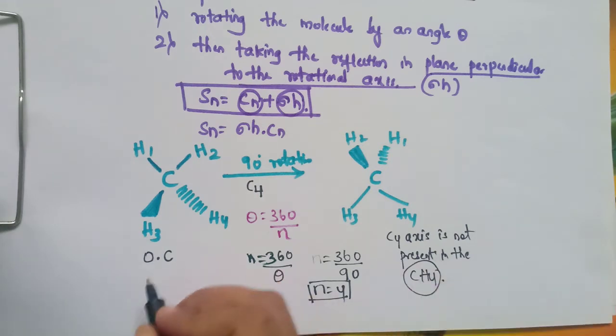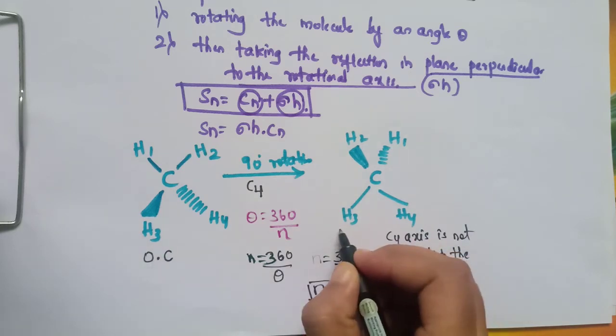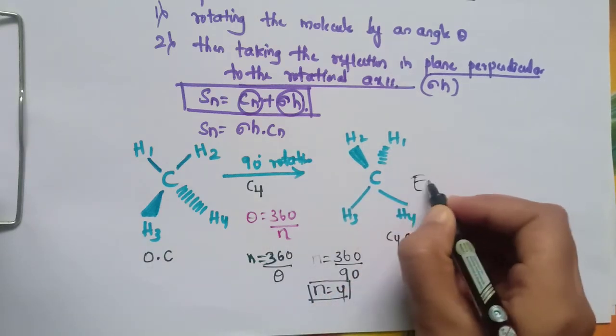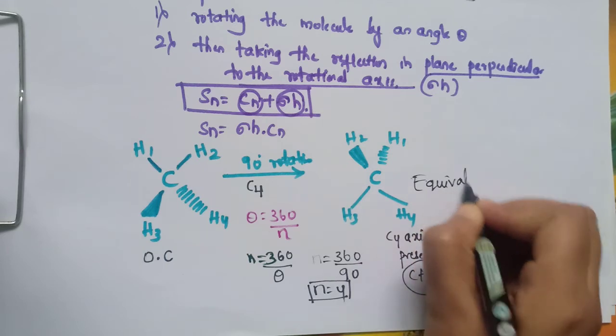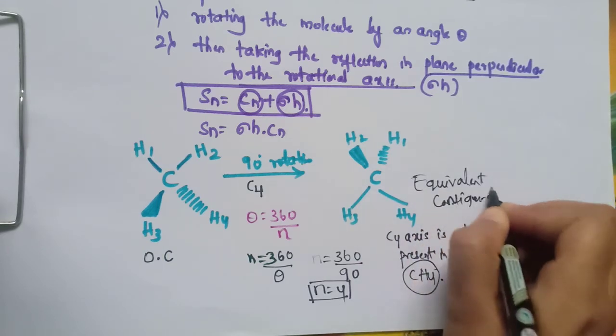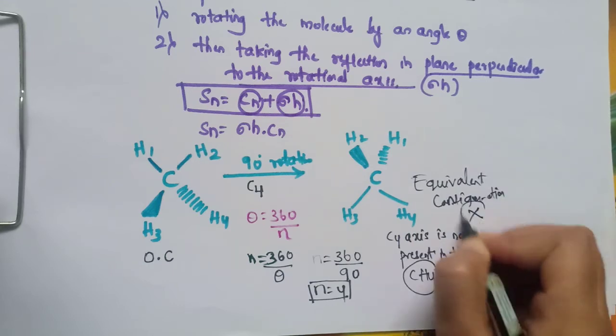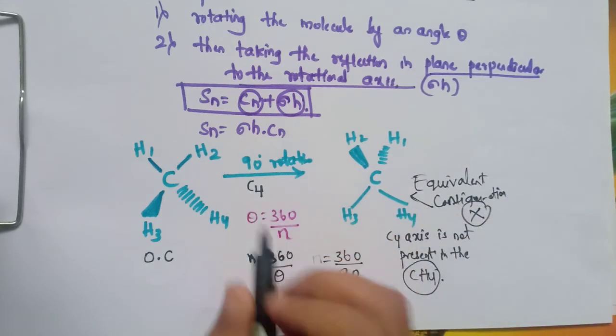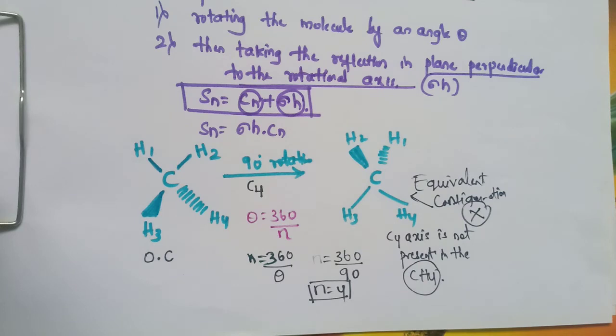See here, it is the original configuration, whereas it is not the equivalent configuration. So C4 does not exist in this molecule, whether or not the axis of symmetry is present. The improper rotational axis will be present.